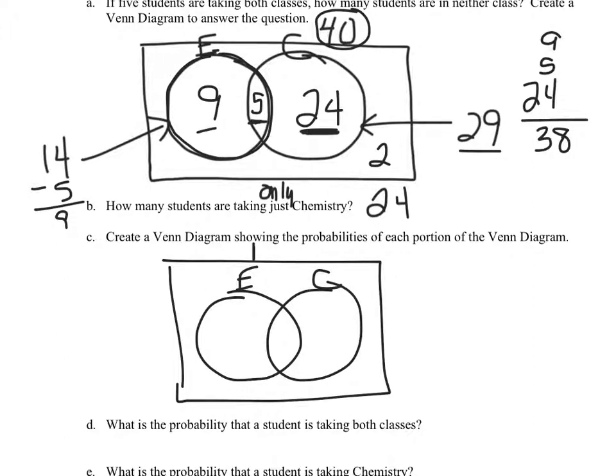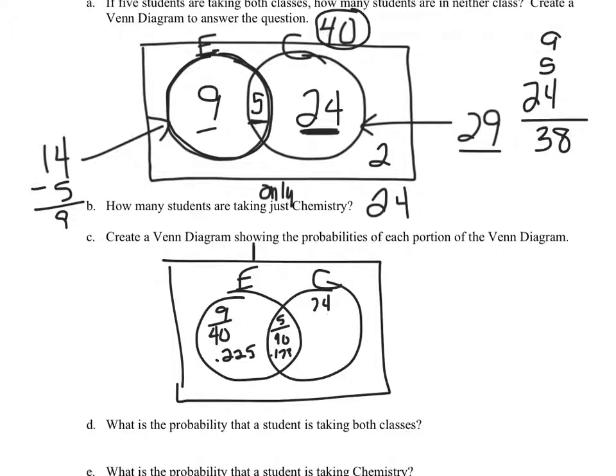But instead of putting 9 in there, I'm going to put its probability. So it's technically 9 out of the total. So remember, probability is event over whole. So the whole thing was 40. So we can write that just like that and just leave it, or you can do 0.225. Either way. So this one would be 5 out of 40, or 0.125.